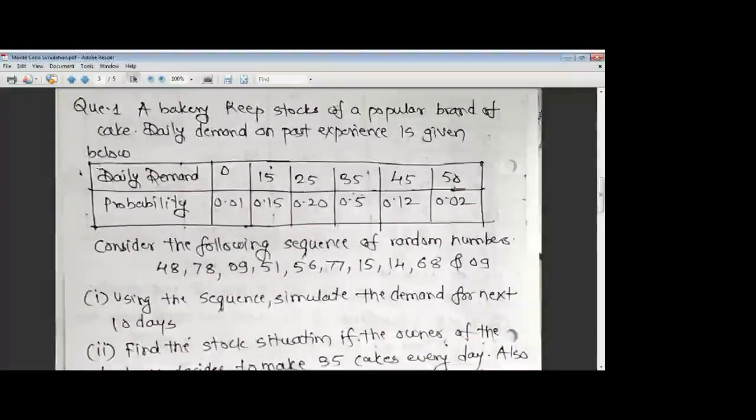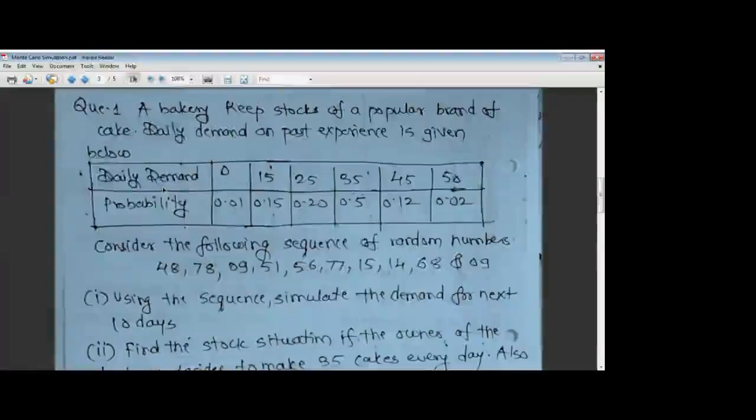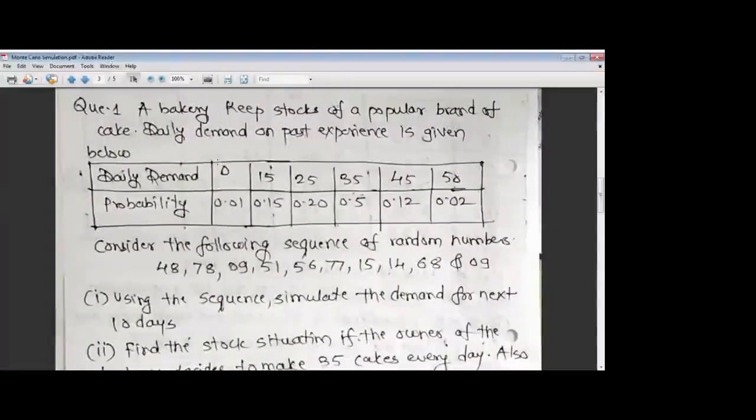If the probability that 0 cakes of that brand are sold is 0.01, there is only a 1% chance that no cake of that brand will be sold on any given day.